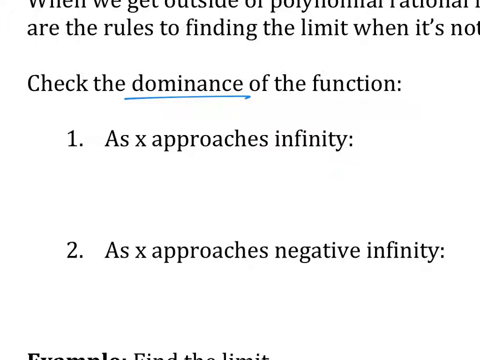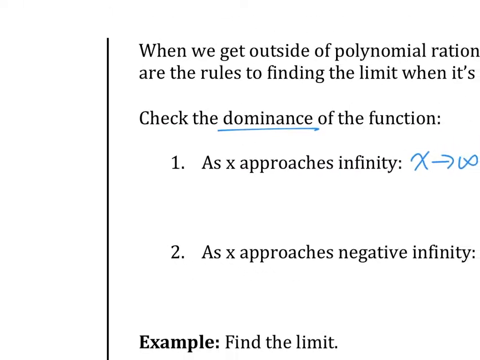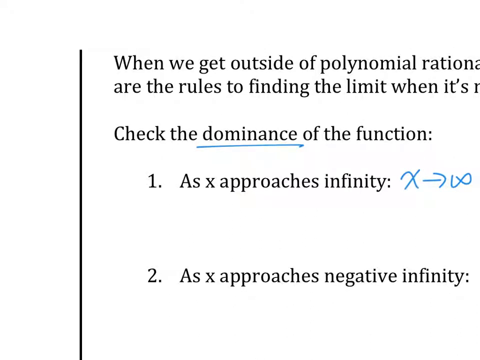Okay, maybe. So when x is going to infinity, we're going to talk about which one is going to go faster. So dominant. We're going to talk about 3 functions in particular, and you're going to tell me which one is going to be faster. First, exponential.